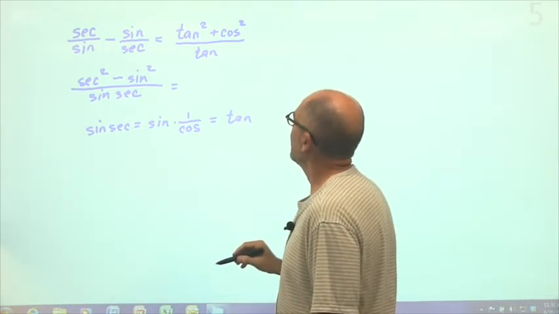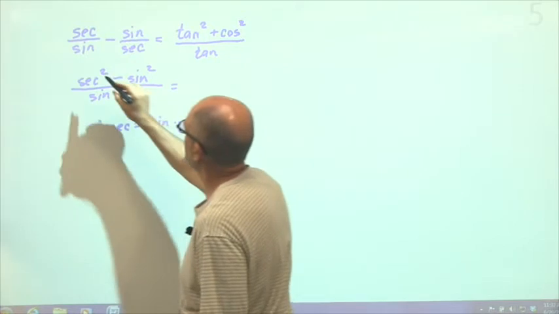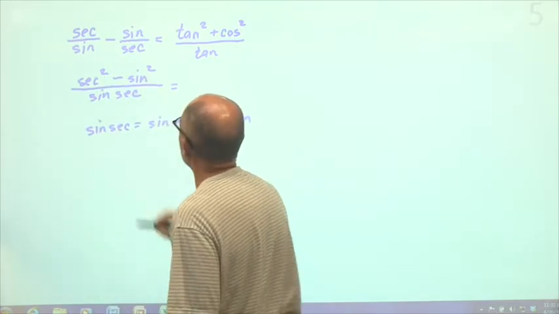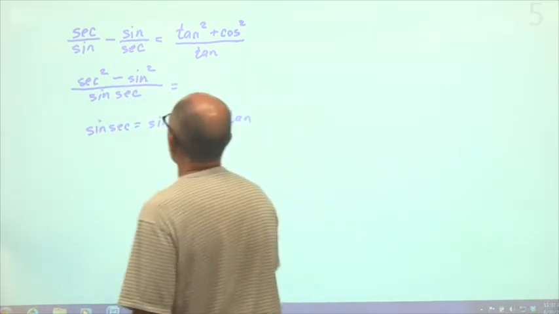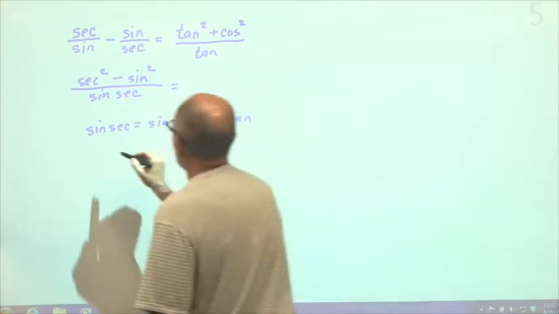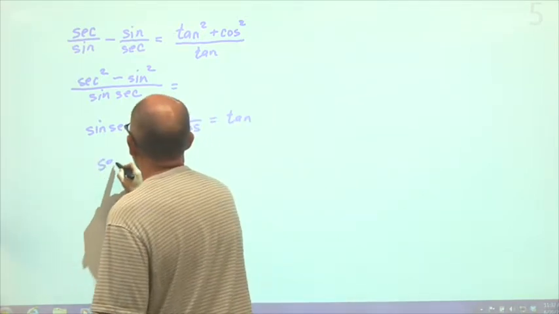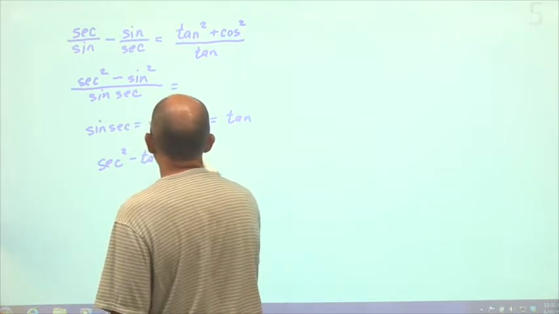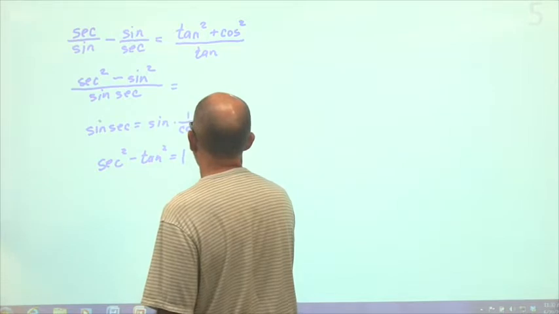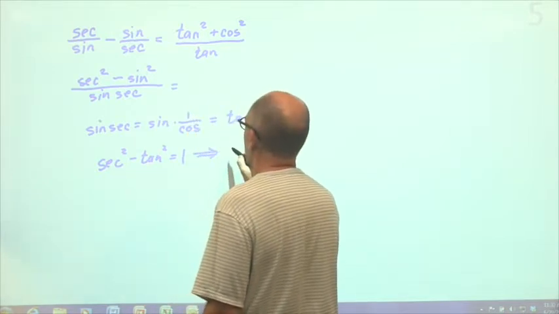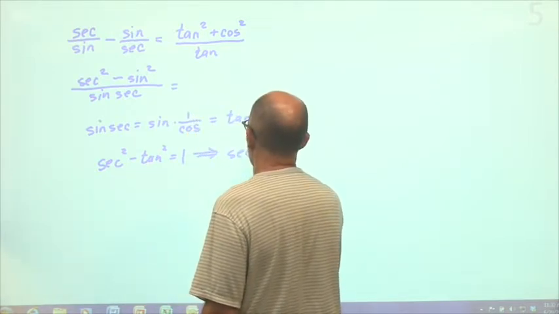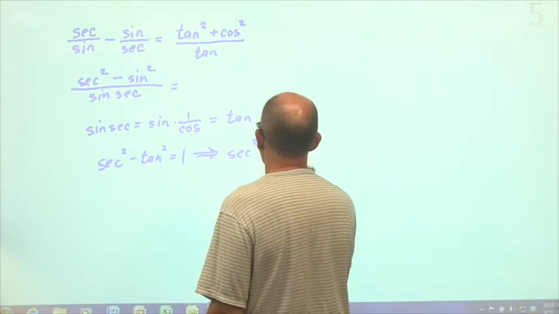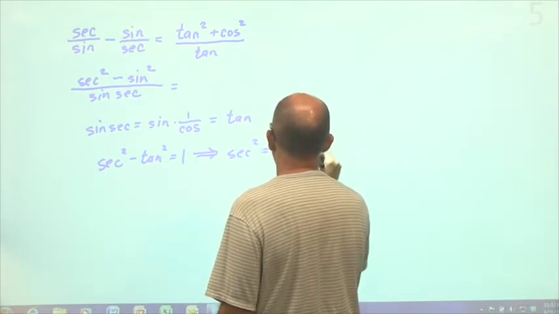And then the other thing we want to do is change the secant squared and the sine squared. So what we're going to do is say that secant squared minus tangent squared equals 1. So that means secant squared equals tangent squared plus 1.